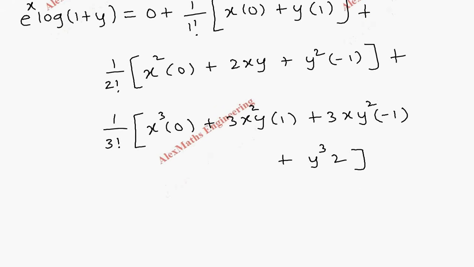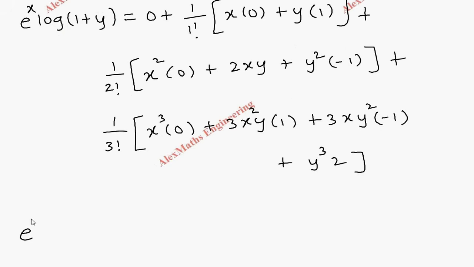Now let's rearrange the terms. So e power x into log of 1 plus y gives, first term is only y. Then the second term, if I multiply this 2 here, I will get only xy. In the third term, minus y square by 2.